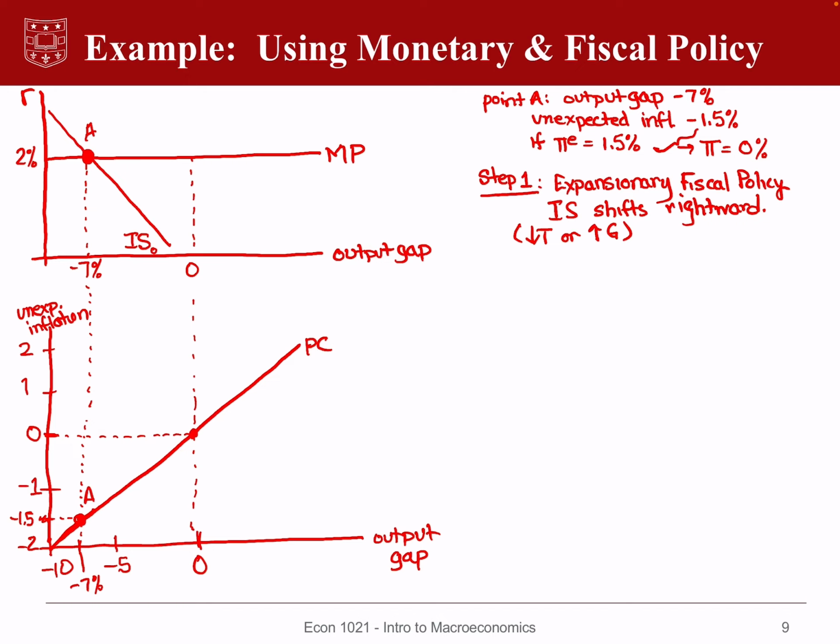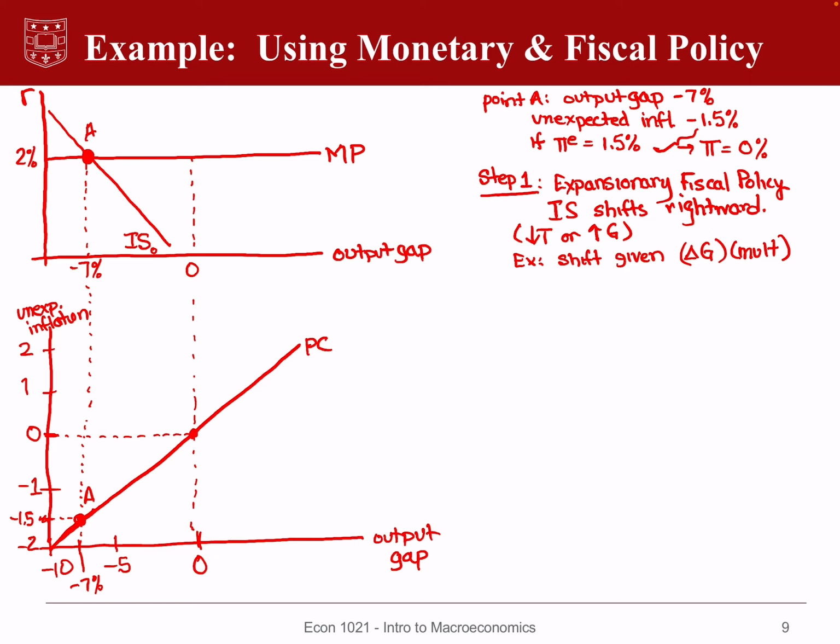And so for example, the shift is given by the increase in government expenditures times the multiplier, if that were the thing that we're changing, or the increase in consumption times the multiplier, and so forth.